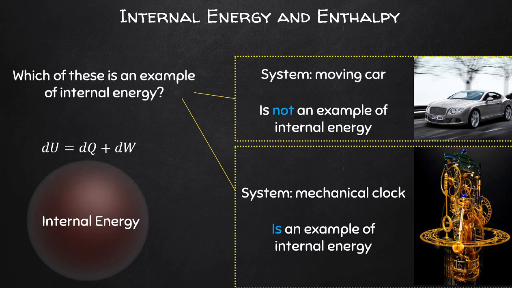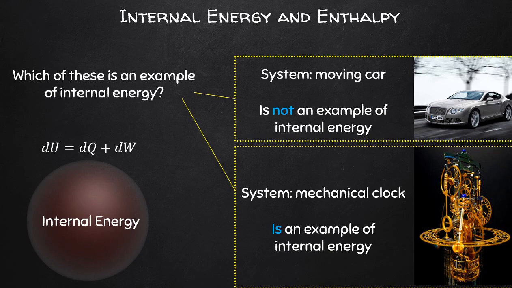So, the first example, the car moving. This is not really a good example of internal energy. Why would you think this is the case? What makes this a bad example? Well, if you look at the collection of little bits and pieces that make up the mechanical clock, why do you think this is a good example of internal energy?